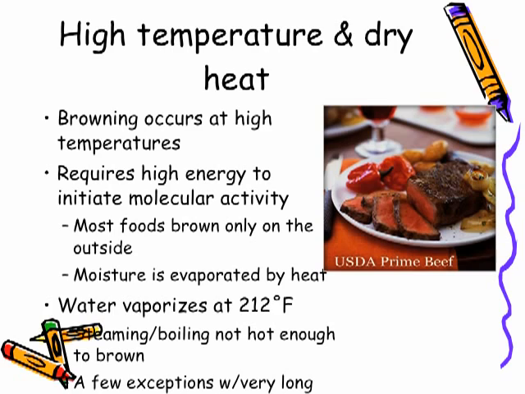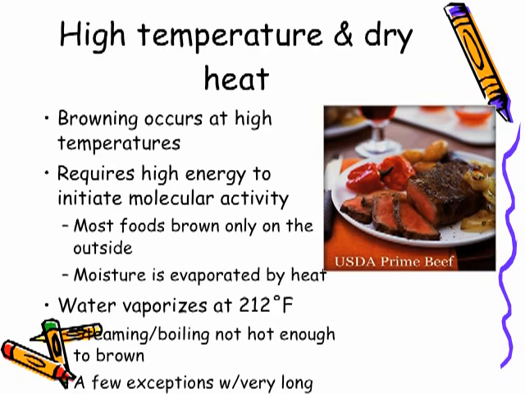As I said, browning occurs at a very high temperature. It requires high energy and movement of the molecules in the food, and most foods that we know of brown only on the outside as a result of the evaporation of moisture by heat, the application of heat, and in turn the browning that occurs. Water, as you know, boils and vaporizes at 212, and that's why steaming or boiling isn't hot enough to get foods to brown.